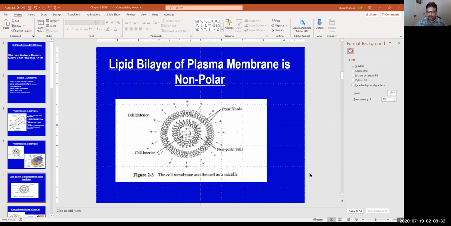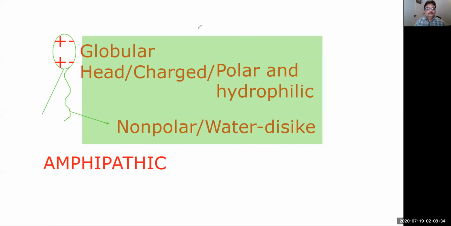So just to give you a brief idea, let's say this is the head, and these are the tails of lipids. Now in a membrane, as I mentioned to you, there will be two layers of lipid.